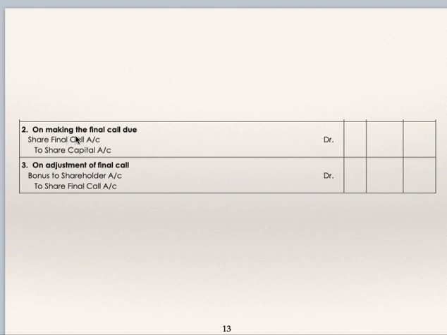Second journal entry, on making final call. So this is final call money due. Share final call account debit to share capital. And on adjusting final call, bonus to shareholders to share final call. If you see, share final call due and share final call adjusted, so one debit, one credit.